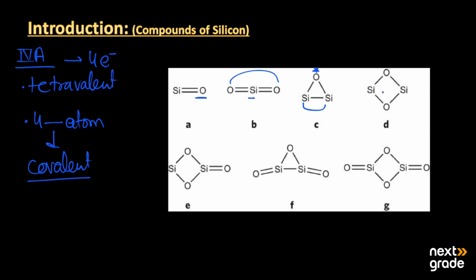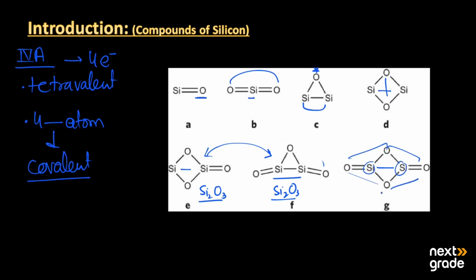Then we have two silicon and two oxygen atoms, two silicon and three oxygen atoms, and here the structure of silicon, how it is going to bond and form stable structures. Here we have two silicon and four oxygen atoms.